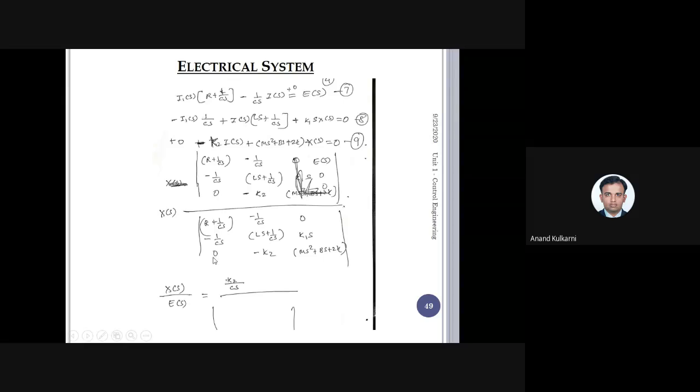The numerator and denominator are the same. The second variable is also the same in numerator and denominator. For the third variable, instead of the right hand side, I am writing down the coefficient of the third variable x. In the first equation, the coefficient of the third variable is 0. The second equation is equal to K1S. You can see here K1S. And in the third equation, the third variable is ms square plus bs plus 2k.